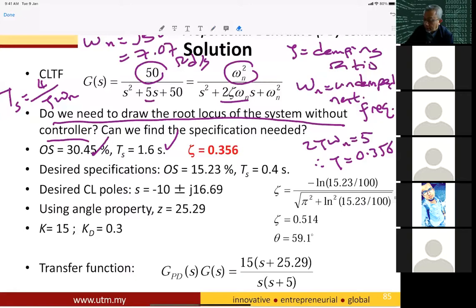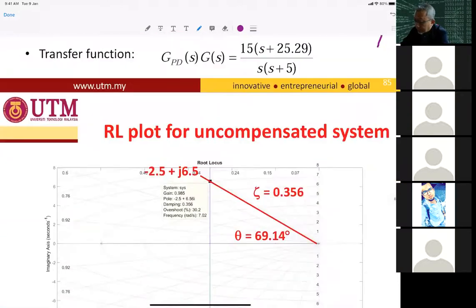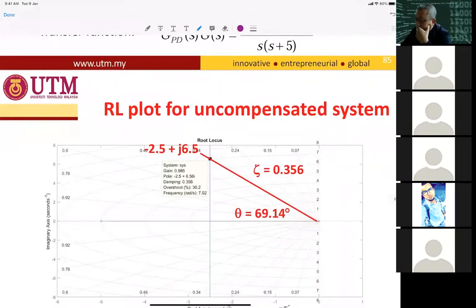So the desired closed loop pole now becomes -10 plus minus j16.69, where you have to plot it. So zeta 0.356, which is 69.14 degrees, to obtain the zeta line.